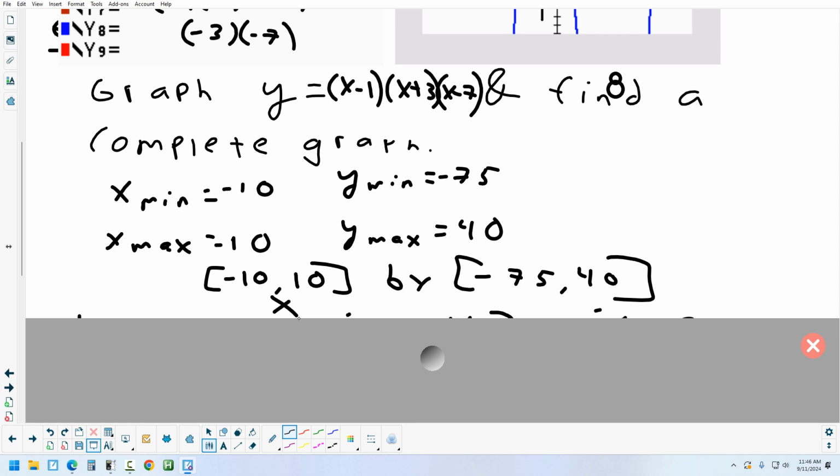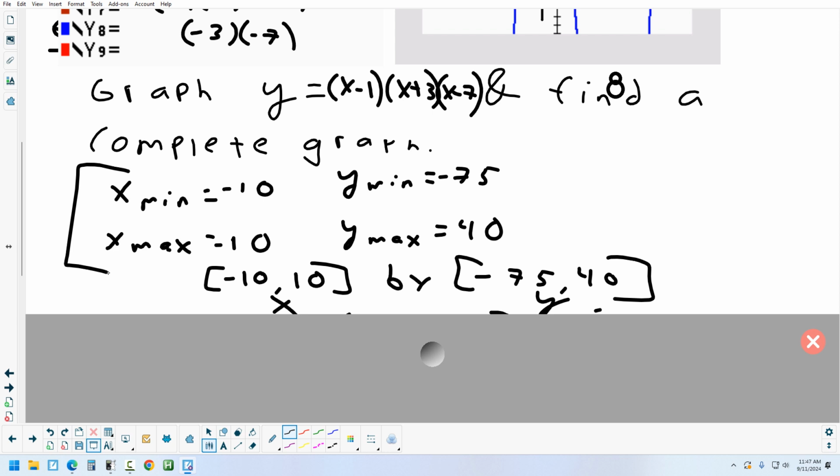Has to be in that order, minimum, maximum. The second two numbers you give me are for the y's, and it has to be in that order, minimum, maximum. So if you saw something on the test and it said, set your calculator to a window of, and it wrote that down, it means to do this. So that's how you write your graph, or your window.